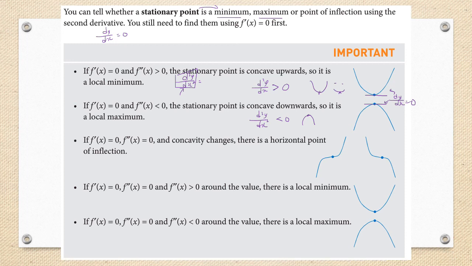If my second derivative is smaller than 0, I got less money, so I'm not happy. So I get a sad face here. Sad face is a maximum point. And for an inflection point, we need to do a sign test. We must show that the point we found is an inflection point by doing the sign test.